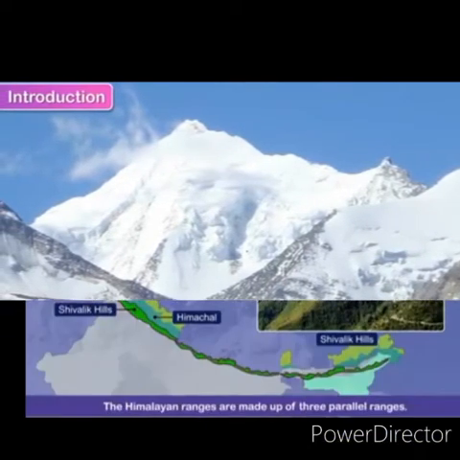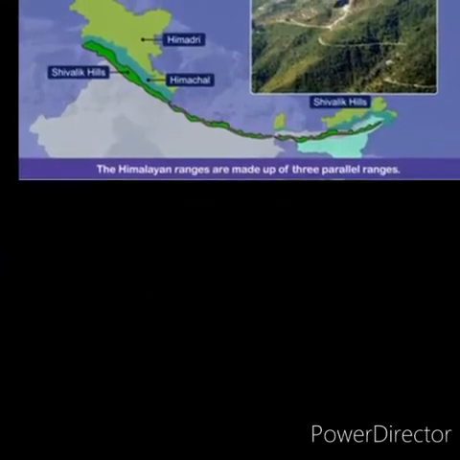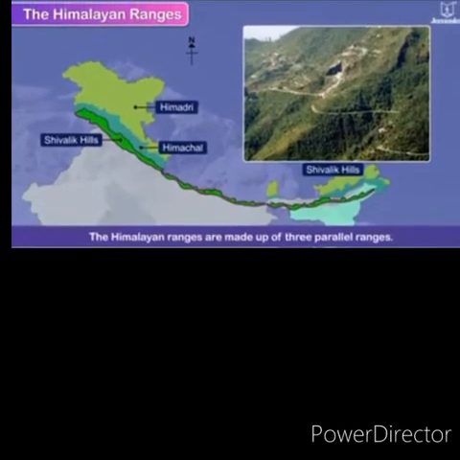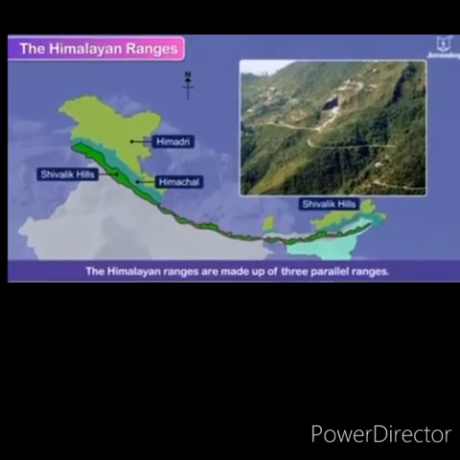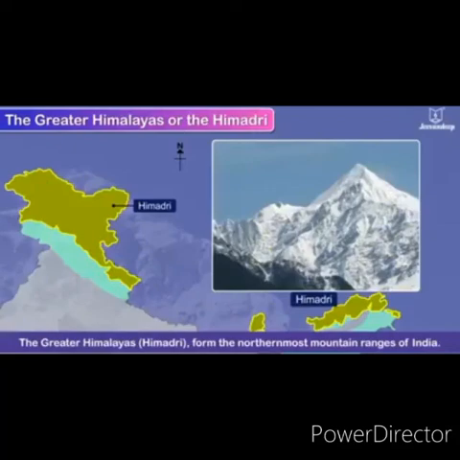The three main parallel mountain ranges of the Himalayas or northern mountains are the Himadri, the Himachal and the Shivalik. The Himadri mountain ranges are in the extreme northern part of the Himalayas and are covered with snow throughout the year.